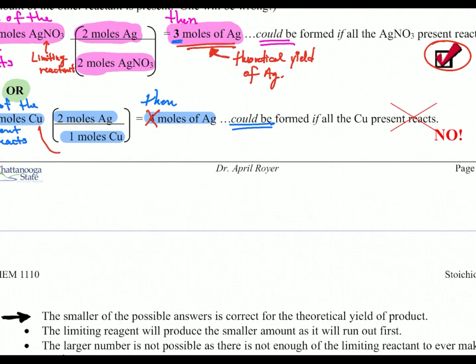The copper is the excess reactant. And we could actually go through the trouble and start with our limiting reactant. And not only can we predict how much product we should make, we could calculate how much of the other reactant we're going to use in the process of using all of our limiting reactant and subtract that from how much was actually put in the flask to tell us how much will be left over when the reaction stops.